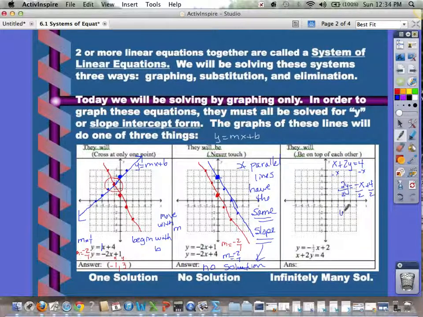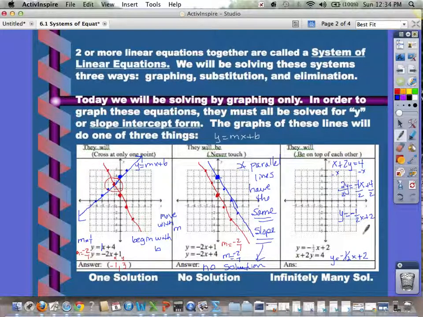Okay, so now y is going to be, in this particular problem, what number really is in front of that x? A 1. So this is now really a negative 1 over 2x plus 2. All right, so I'm going to change that down here and write y is equal to negative 1/2 x plus 2.